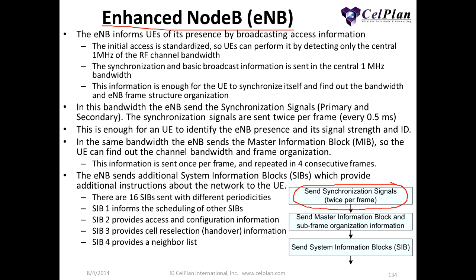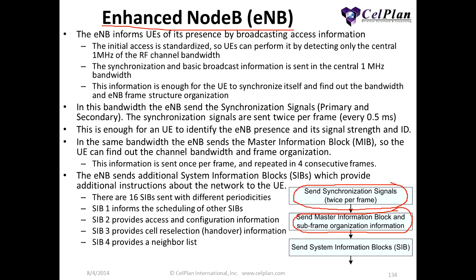So let's see how things work. Basically the eNB sends a frame with synchronization signals that allow all the UEs to synchronize to it. Then it sends the master information block that basically gives the organization of the frame.